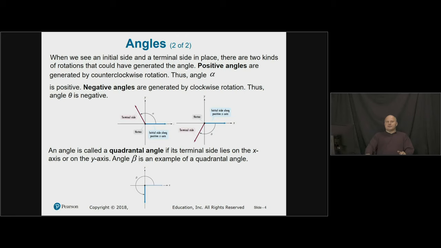But if the terminal side lies on an axis, it's called a quadrantal angle. You would think it would be called an axis angle, but they don't call it that. So an angle that lies on an axis is called a quadrantal angle. Okay?